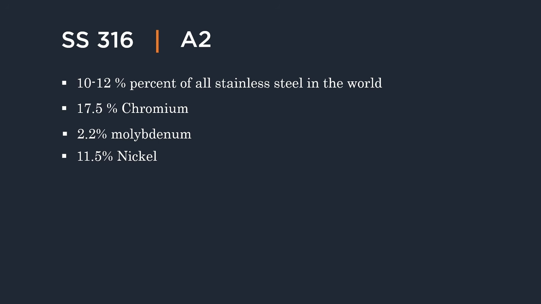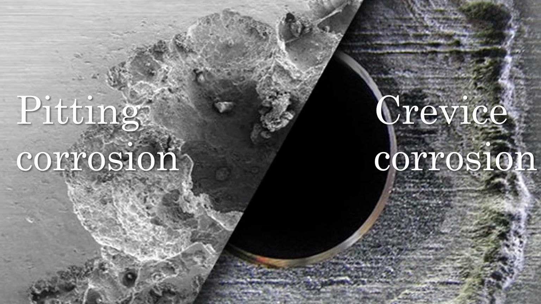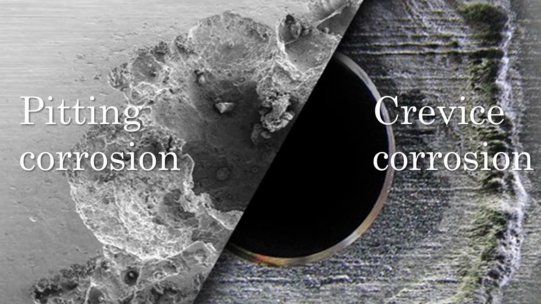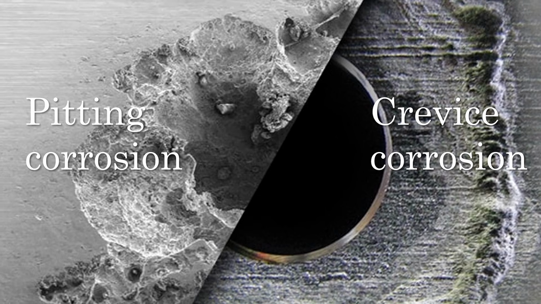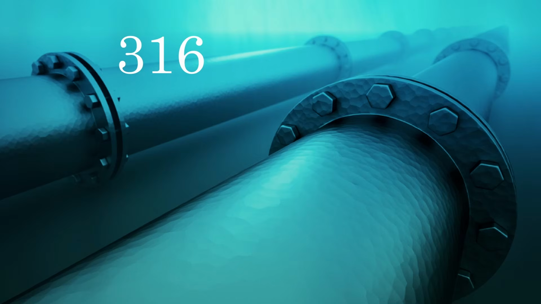Now, if 304 is good, then why do we use 316? So 316 has similar chromium, but it also has around 2.2% molybdenum in addition. This molybdenum increases the pitting and crevice corrosion resistance, especially in chloride-rich environments like seawater.